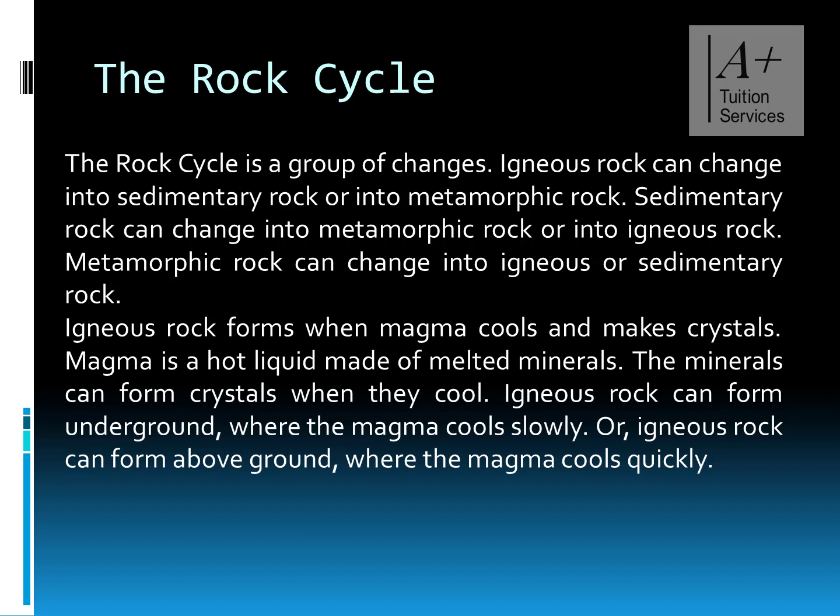Igneous rock forms when magma cools and makes crystals. Magma is hot liquid made of melted minerals, and these minerals can form crystals when they cool. Igneous rocks can form underground where the magma cools slowly, or igneous rocks can form above the ground where the magma cools rapidly, as in the case of a volcanic eruption.